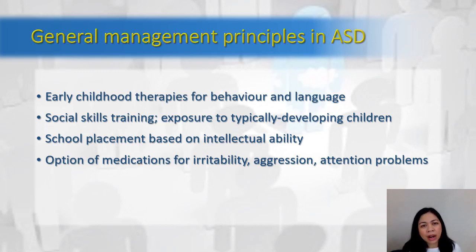So this harkens to what we believe is true about brain development, wherein during the first 5 years of life, there is still a lot of brain development going on. And so if we intervene during this time, we can really maximize the potential of these children.